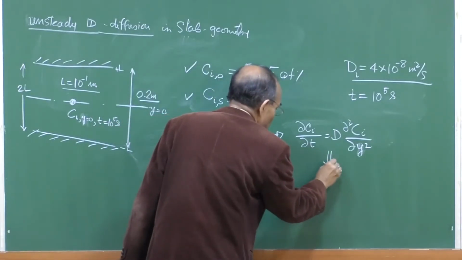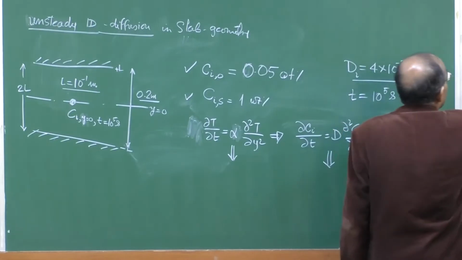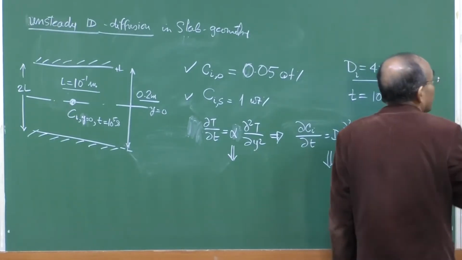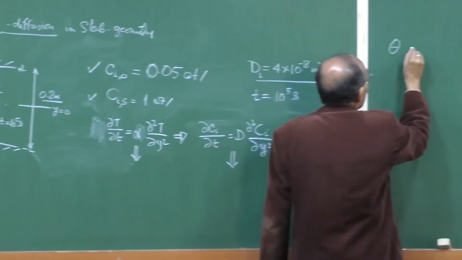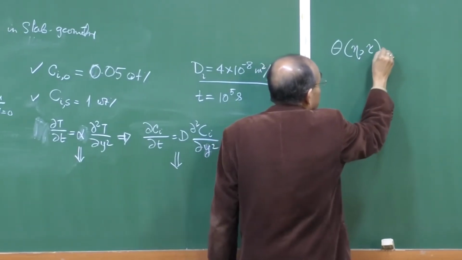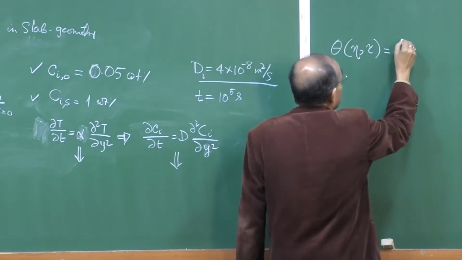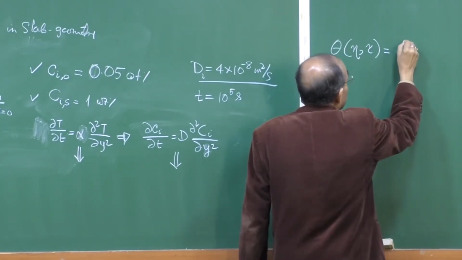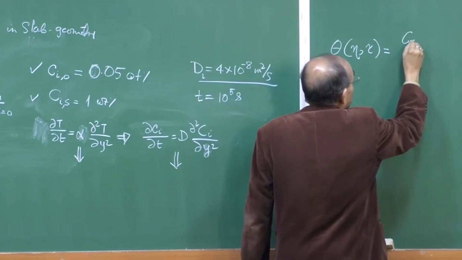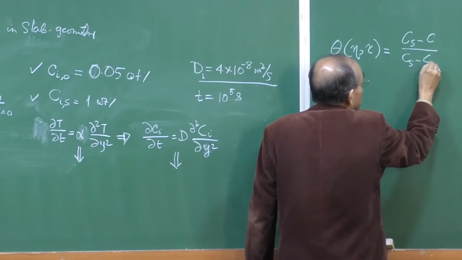So, for this also we can write the infinite series solution, and that solution can be given in terms of theta, a dimensionless concentration, which is a function of dimensionless distance and dimensionless time, and as per our previous definition, this can be written in terms of C of surface minus C divided by C of surface minus C of 0.